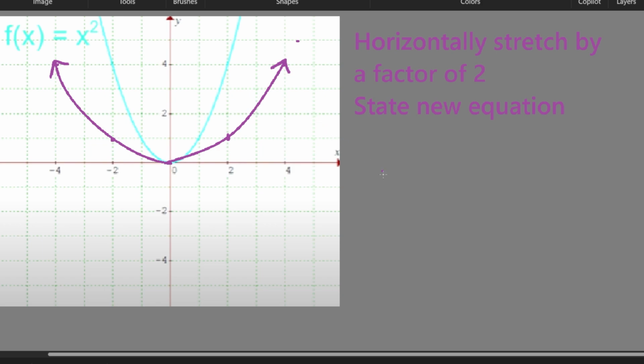So what you need to remember is the verbal description is, yes, we're stretching it by a factor of 2, but in the equation it wouldn't be y equals f of 2x. You would do the opposite of 2, which is the reciprocal, 1 over 2x. That would be your equation.